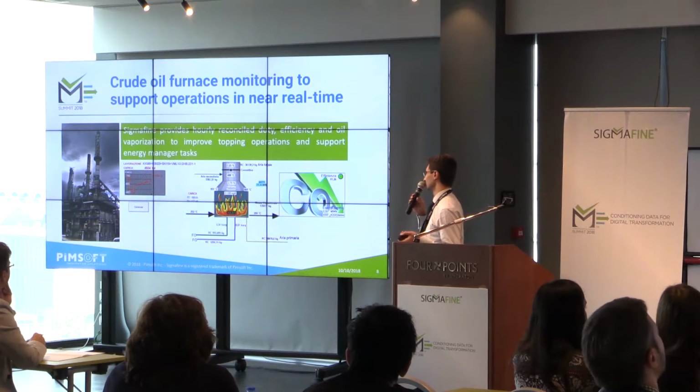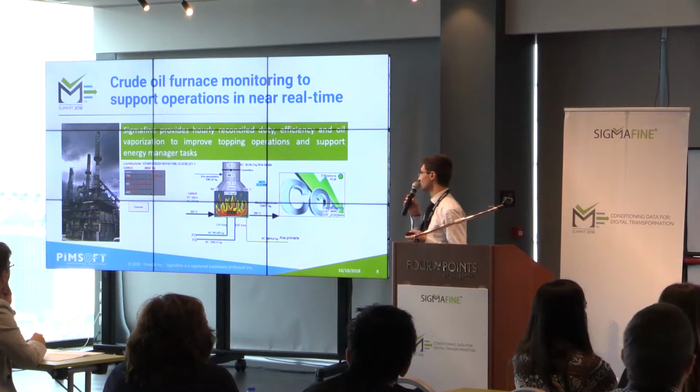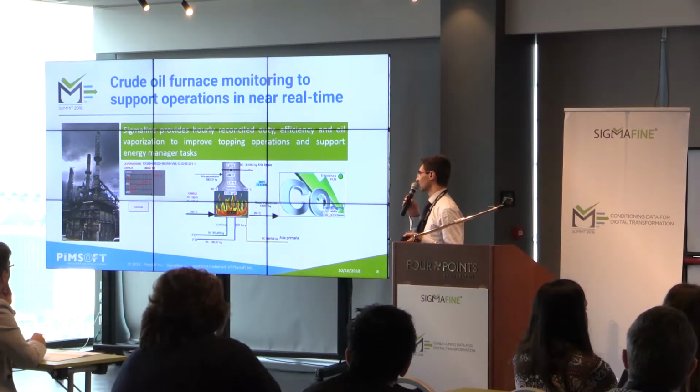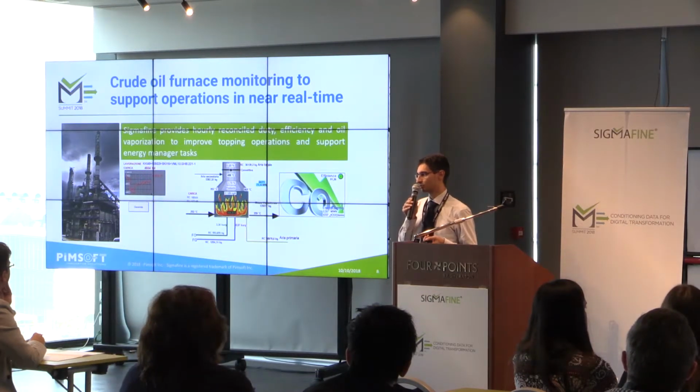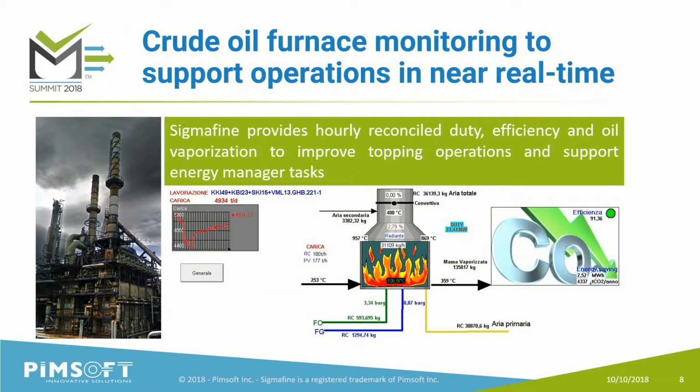Here Sigmafine, I just remind you, is providing a lot of information, much of it not even measured but inferred through the model, and in this case also with a thermodynamic extension, to provide the amount of vaporized crude, the calculation of the duty, and of the efficiency.